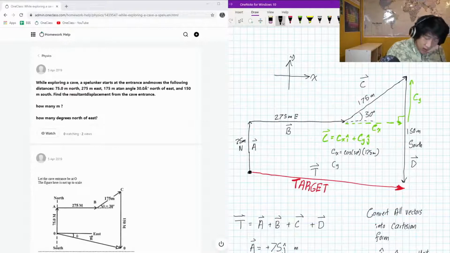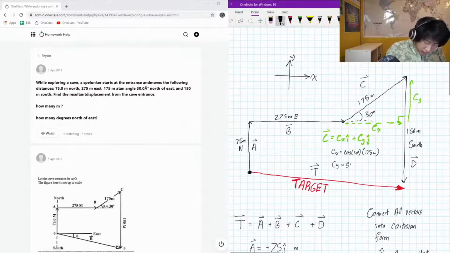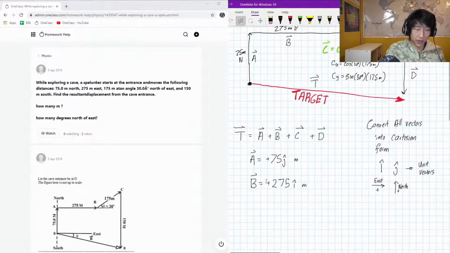And CY is similar, but on the other side: sine, hypotenuse and opposite, the SOH of SOH CAH TOA. So sine 30 degrees times 175 meters. Okay, so these are the individual x and y components of C, just using the power of trigonometry.